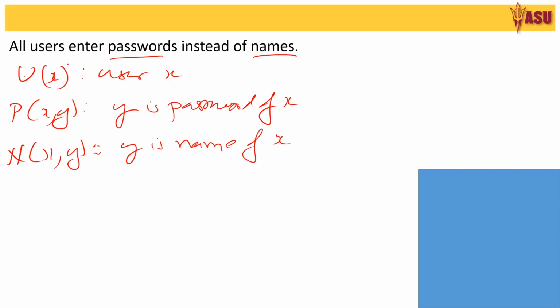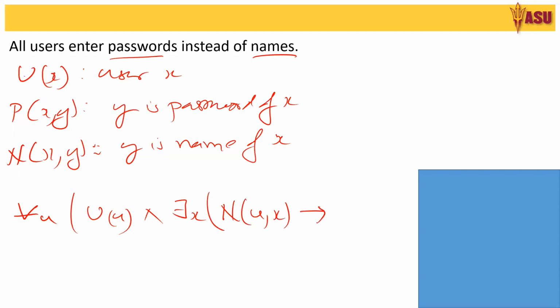Now here we say for all users. So for all U, user U, and they're asked for a name, user comma name, implies there exists a password for that user, and the user password is provided instead of name.